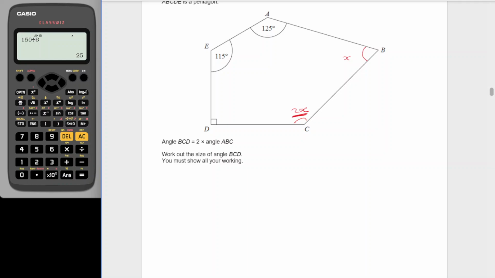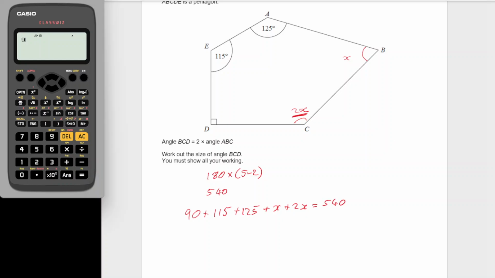So angles in a pentagon need to add up to 180 times 5 minus 2, so 2 less than the number of sides. So that's going to be 540. So the sum of the interior angles needs to add up to 540. So I'm saying 90 plus 115 plus 125 plus x plus 2x needs to equal 540.